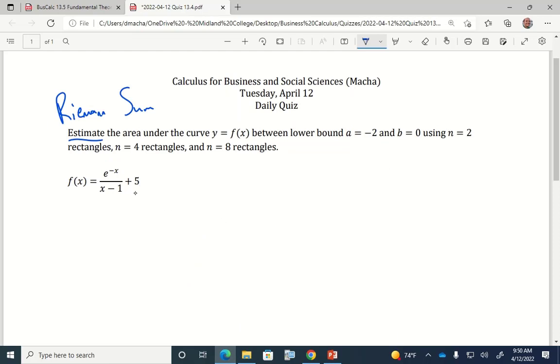So in the case with 2 rectangles, like I said, we're going to have one rectangle with height, we'll call it height 1, and another rectangle with height 2. The area of each rectangle is the height times the width. And height 1 is going to be my function evaluated at -2. If I plug in -2 here, I guess you would need a calculator.